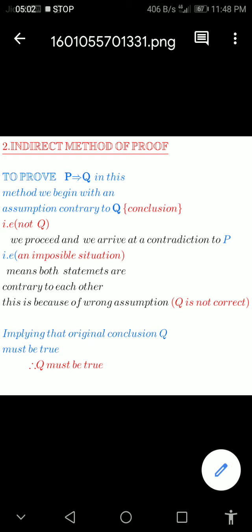Here in the indirect method of proof, Q is to be proved, but we assume that Q is not correct. That means we assume that the original conclusion is not correct. Then we proceed. We arrive at a contradiction.